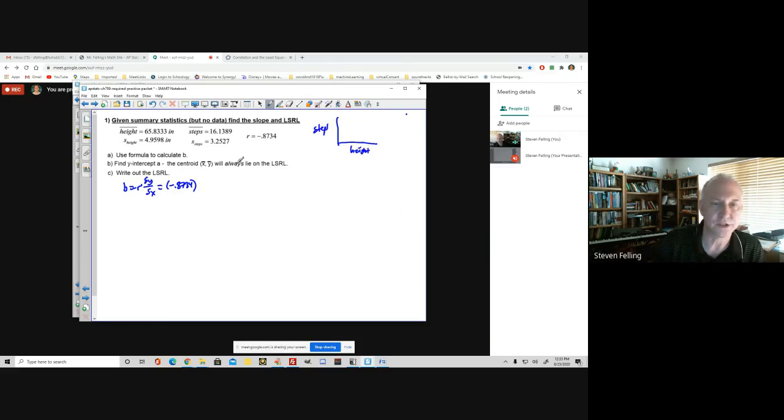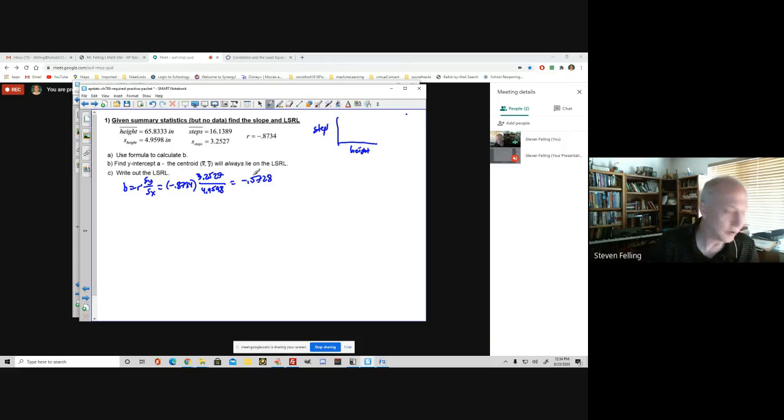Then the standard deviation for the steps is 3.2527, and the standard deviation for height would be 4.9598. And if you plug that in a calculator, you end up getting that the slope is negative 0.5728, okay? So we can find that way, okay?